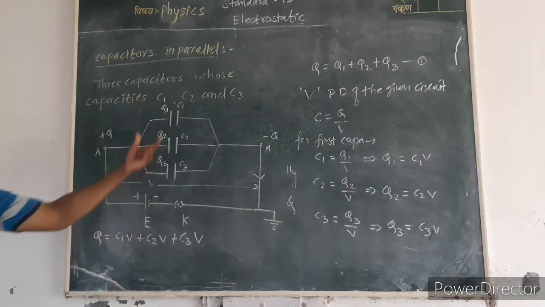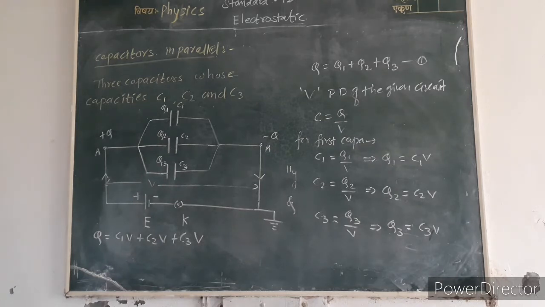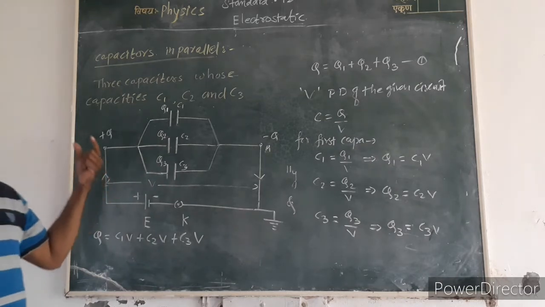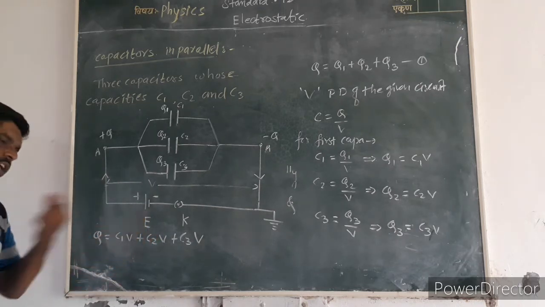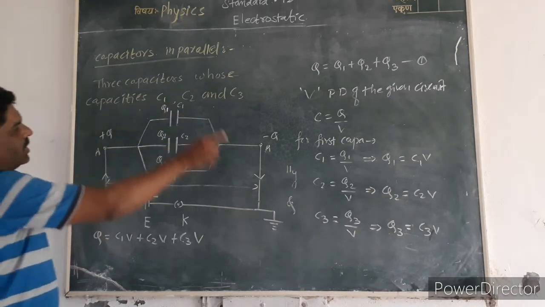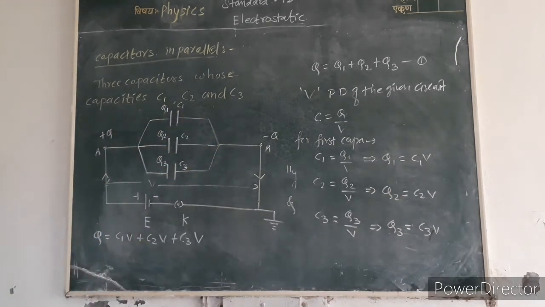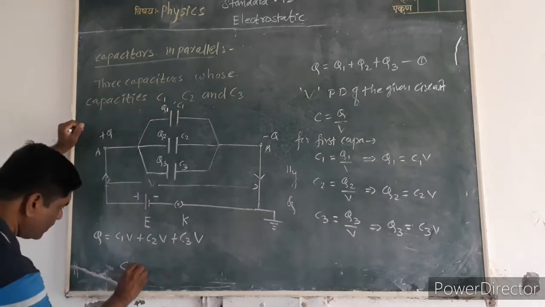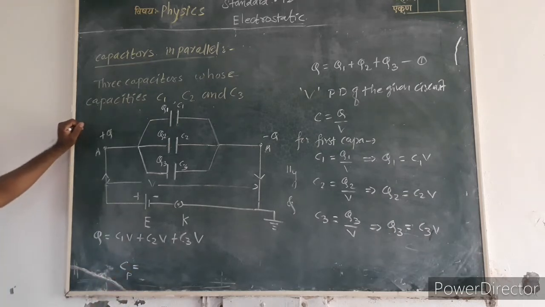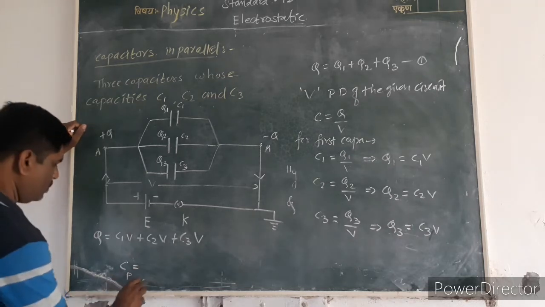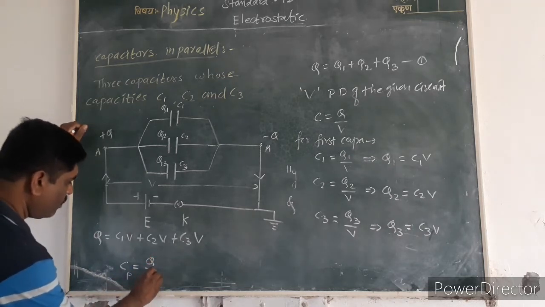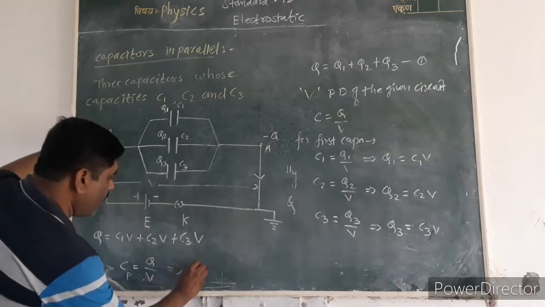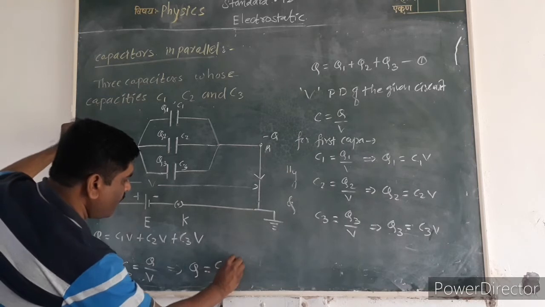But all these three capacitors are connected in parallel across a cell E, then the total charge is Q. In case of total charge, the total capacity, or equivalent capacity, in this circuit, suppose Cp, is equal to Q upon V, or this gives Q is equal to Cp into V.